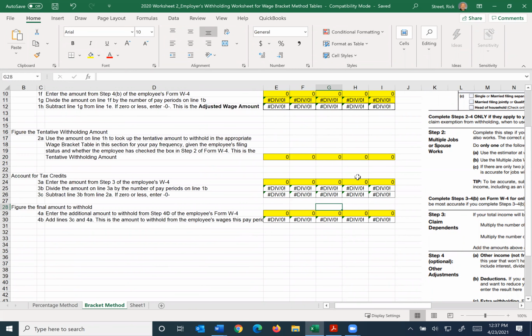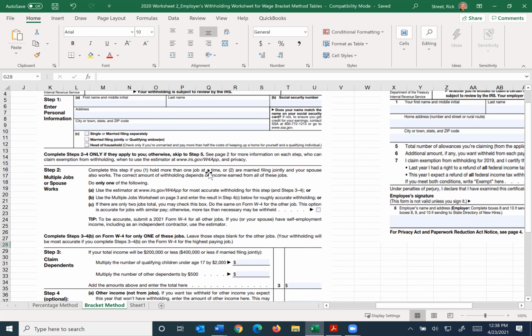And what will dictate whether you use the left side or the right side is this box right here. Now you may have caught this in chapter 1, but now it becomes critical. If they check this box, meaning that they have more than one job to account for, then they'll check that box. Read these line items very carefully. They explain why a person might check this box.